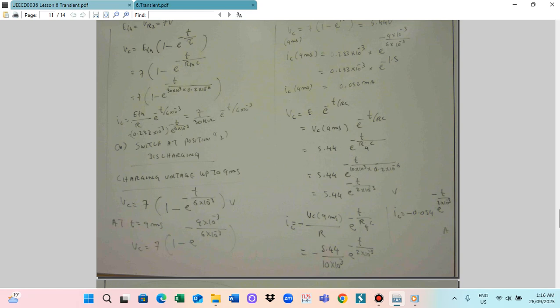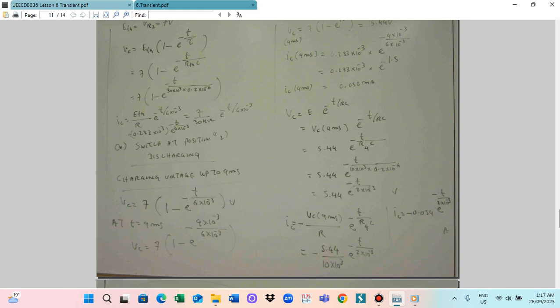So this is a negative value: minus VC at 9 milliseconds, 5.44, divided by the resistor value we already calculated, 10 kilo ohm, 10 into 10 power 3, times e power minus T by R4C, where R4C is 2 into 10 power minus 3.